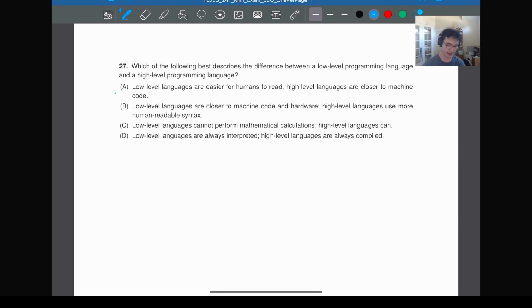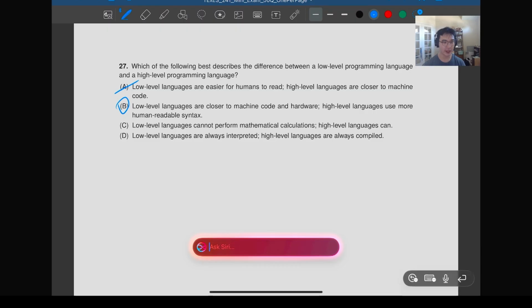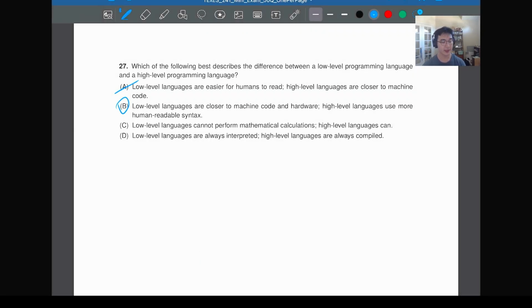A is false. B, low-level languages like assembly, machine code, are closer to machine code and hardware, and high-level languages use more human-readable syntax? Yeah, that's true. You'll see that A and B are kind of the inverse of each other. So B is the one that's true.